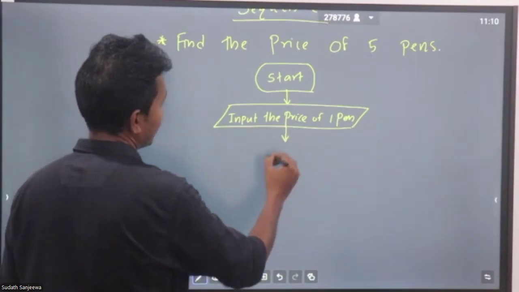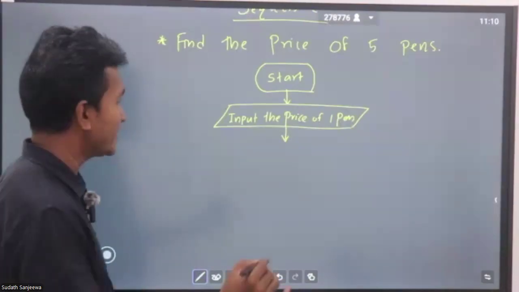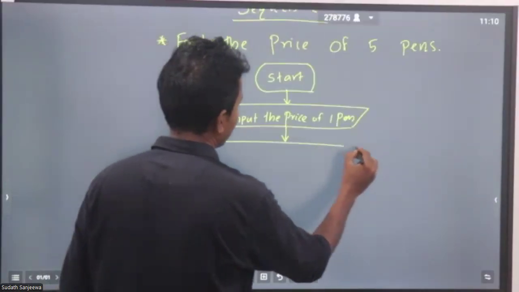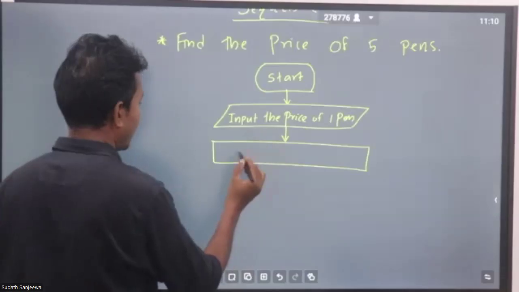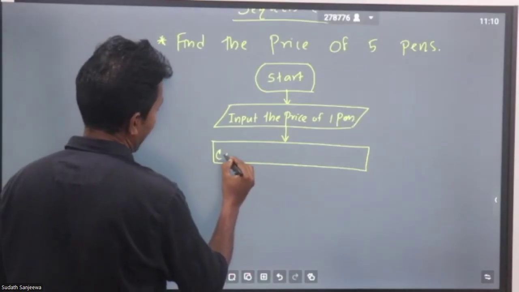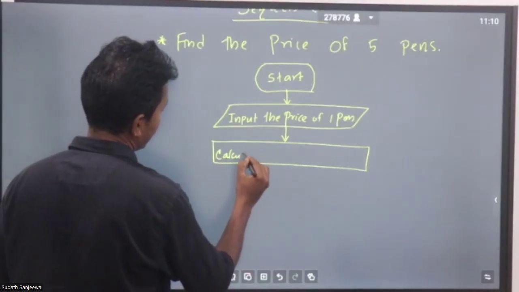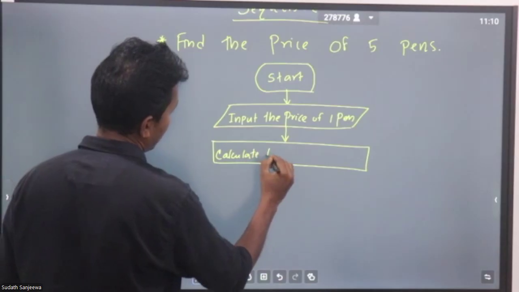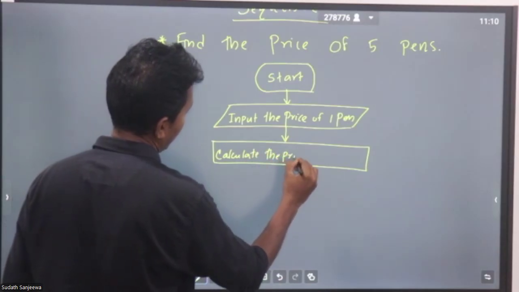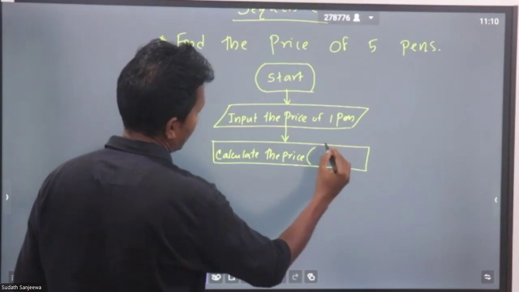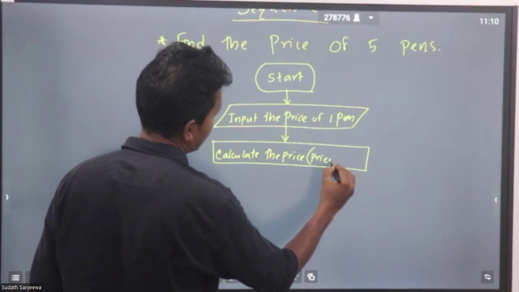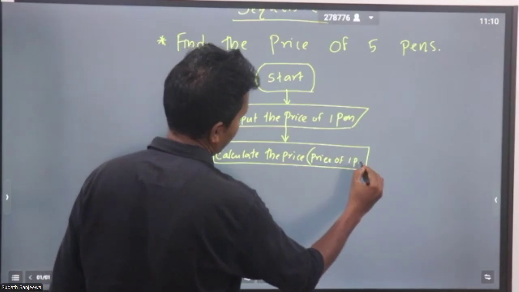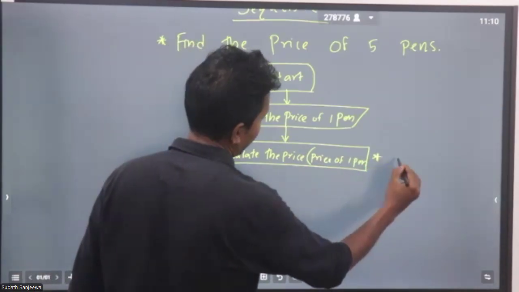The process. What is the process? The price of 1 pen multiplied by 5. Right, the process is to calculate the price: the price of 1 pen multiplied by 5.